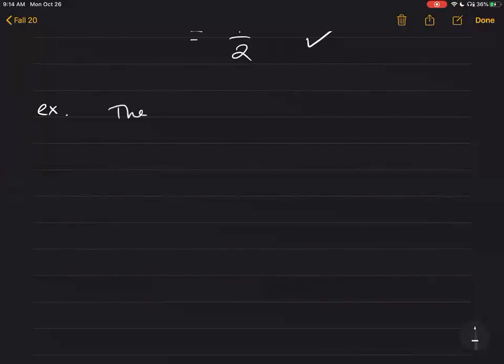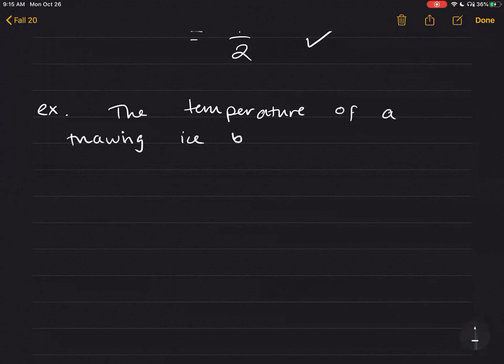So the temperature of, let's say, a thawing ice block in Celsius is given by this following function.